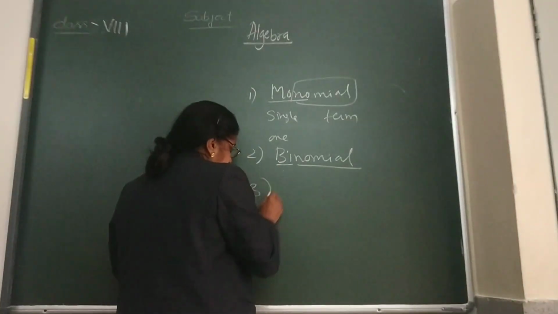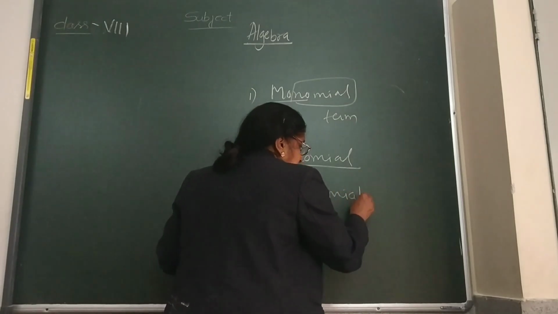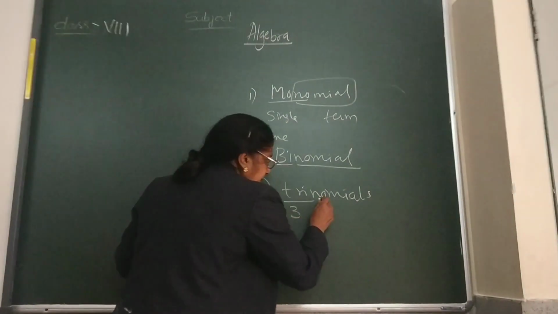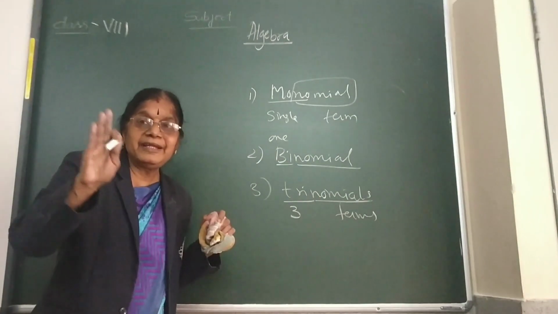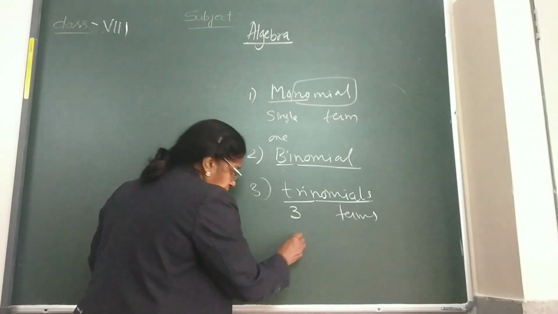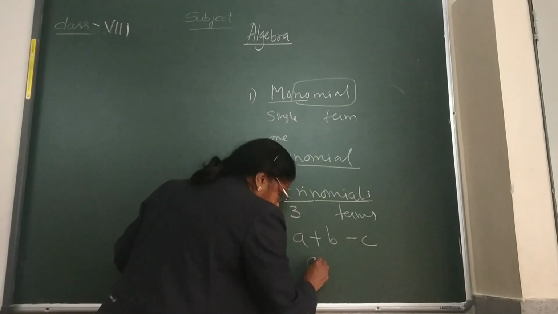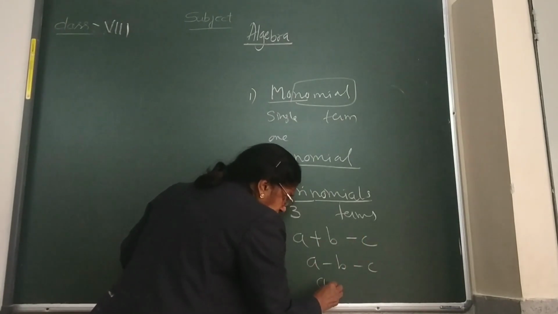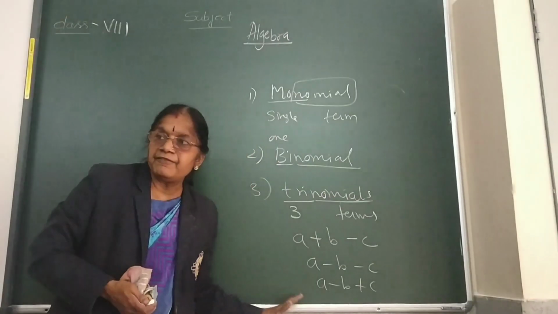Then we will go to the next, which is called trinomial. The term itself says tri means three and nomial means term. So three terms will be there in that expression. A plus B plus C, or A minus B minus C, or A minus B plus C. I can write it in these three different ways.